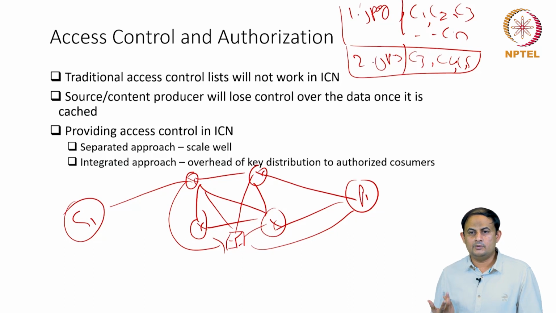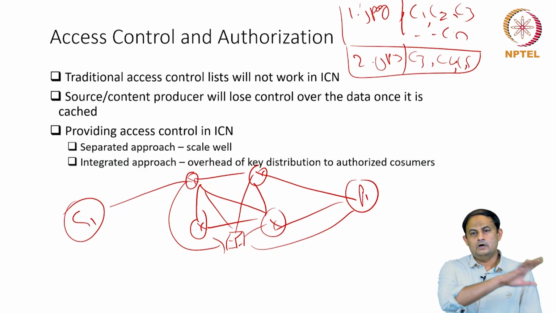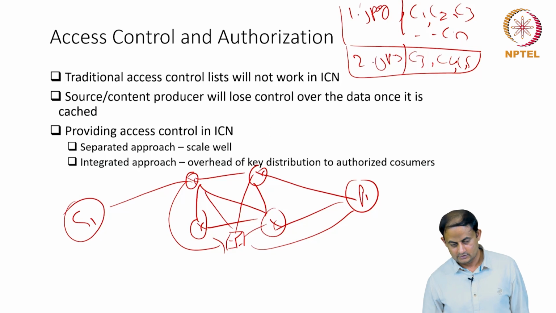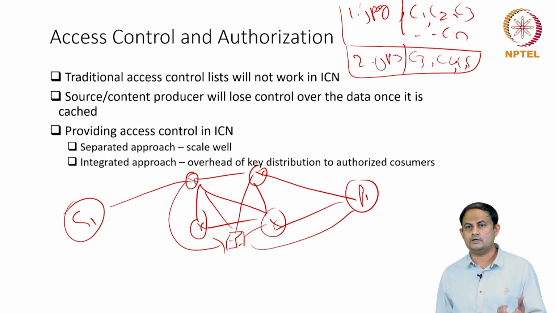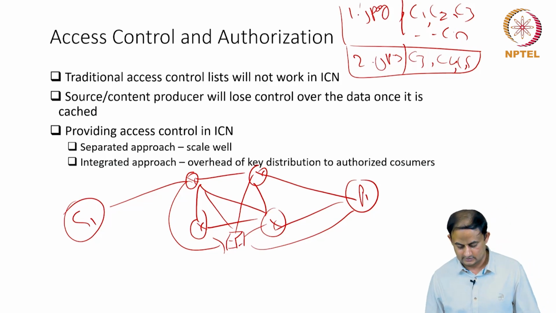How do I build such a solution which is scalable, which can work on a network as big as the internet, is a question, but nevertheless this is one way of looking at the problem. We don't know whether this will work on a larger scale or not, but it is one approach you can think of.